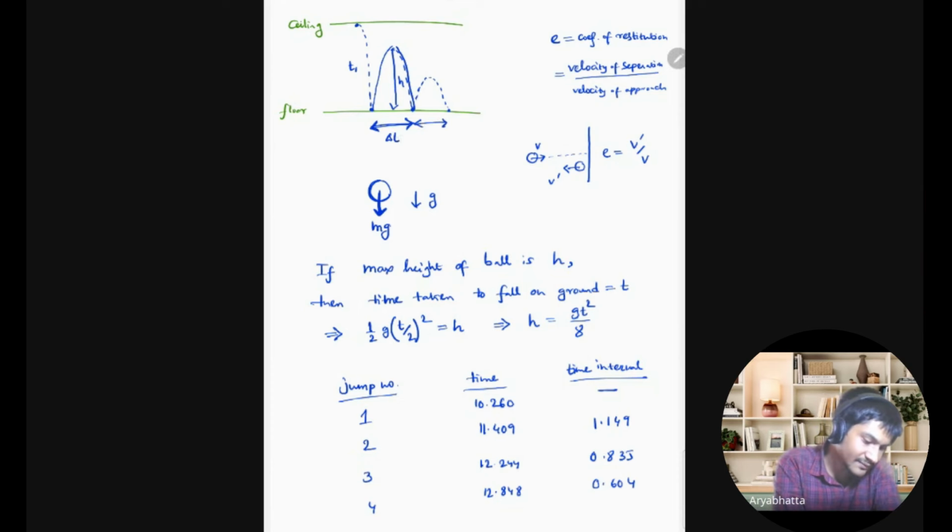This time interval, if I say this is T1 and this is T2, is constantly decreasing. That means our coefficient of restitution is less than 1. Why?